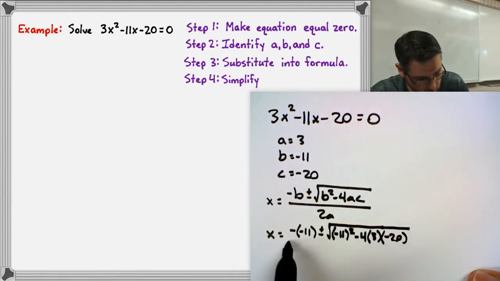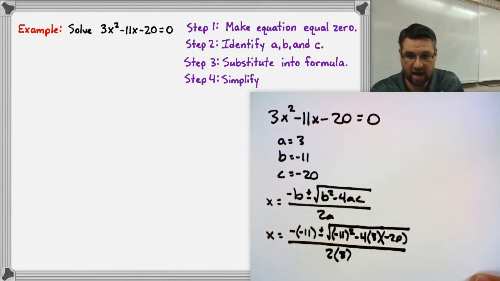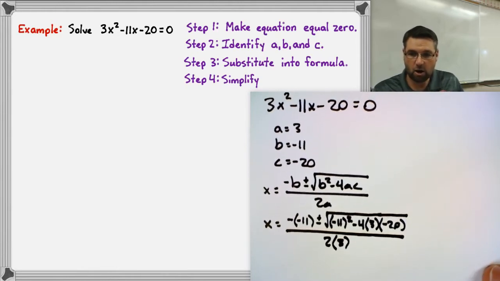Okay, all over 2 times a, so parentheses, whatever a is, 3. So that is the formula, okay?